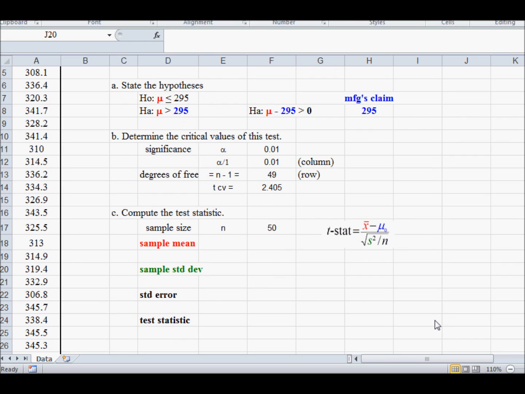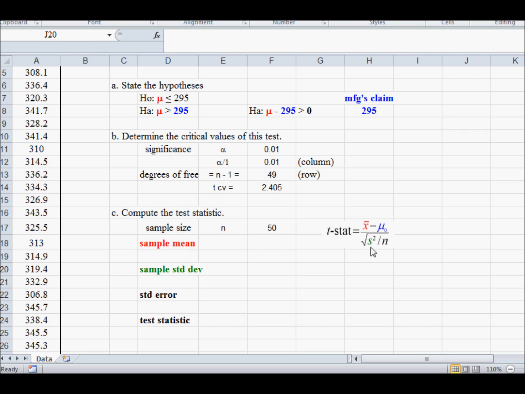In part C, we want to calculate the test statistic. And I call that t-stat because the test statistic is t distributed due to the fact that the sample size is 50 or more and the population standard deviation is unknown, which is why I have the S here in green.